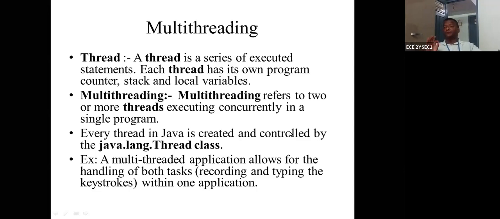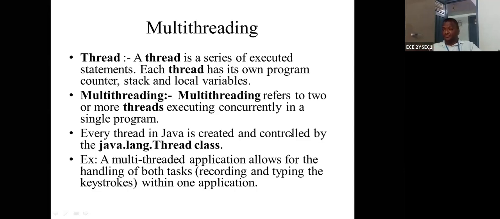So I repeat, multi-threading stands for multiple threading. That means more than one thread can be executed in the program. One thread can perform one task, another thread can perform another task, and both are executed simultaneously or concurrently.